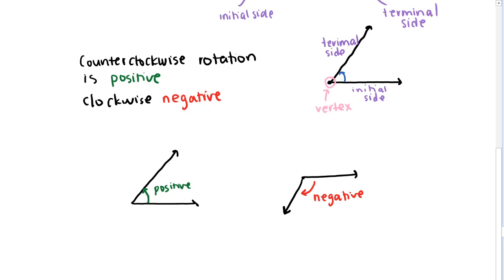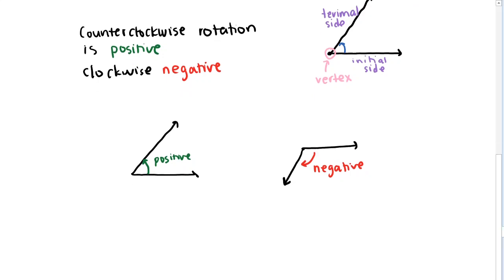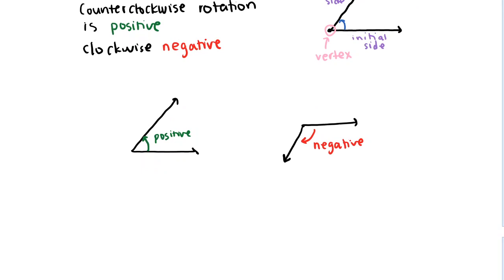Some other things we'll commonly see when it comes to angles: we'll need to refer to angles quite frequently, and the convention is to use the Greek letter theta. I think there's two R's here. One word I'm bad at spelling.